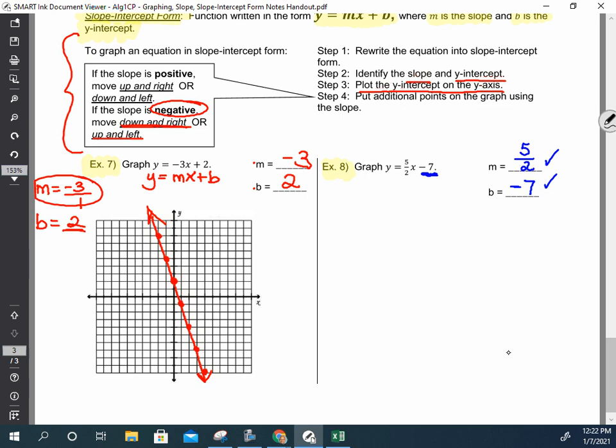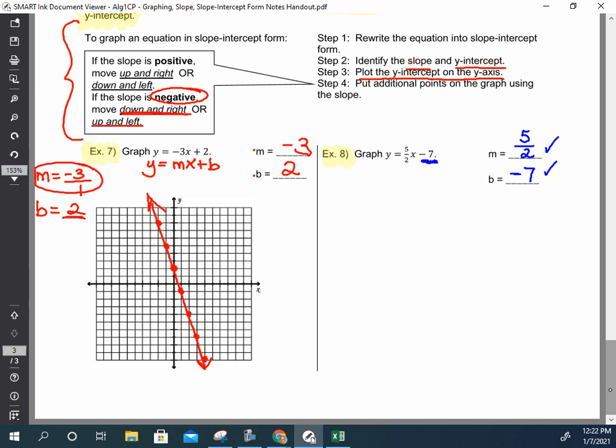Oh, Mr. Will made it blank again. So that means you're going to draw it yourself. So draw the graph ourselves.